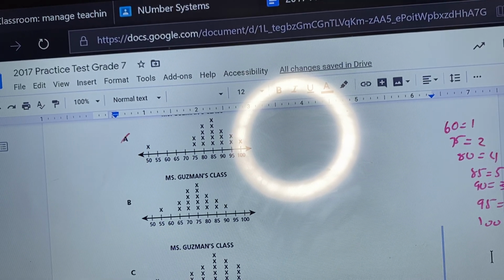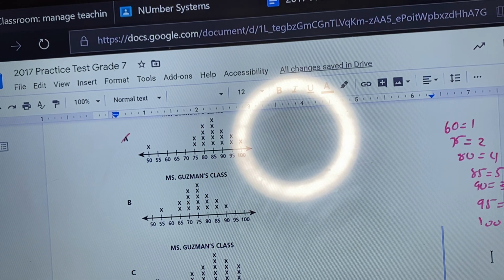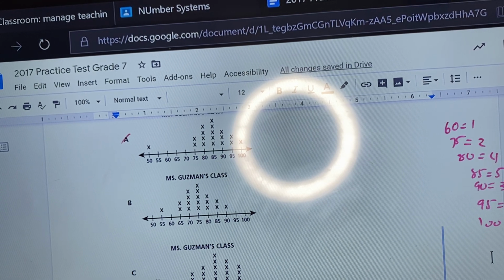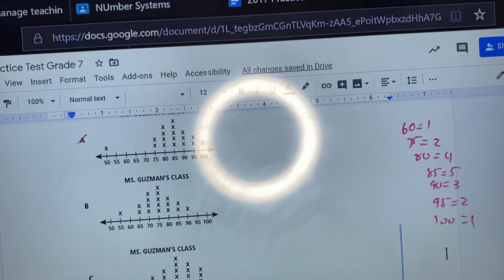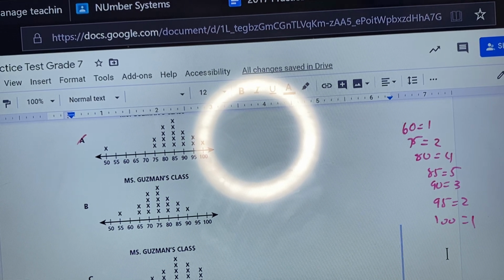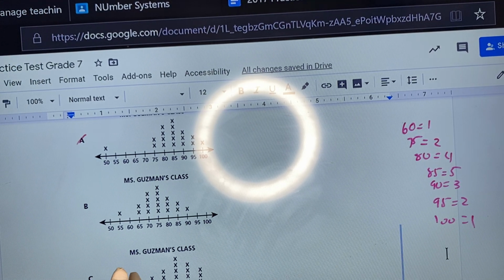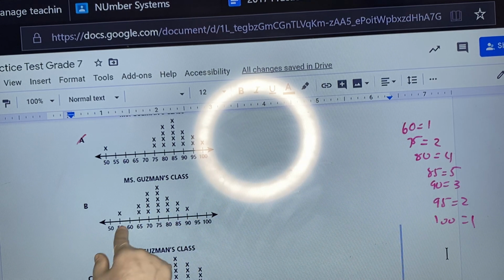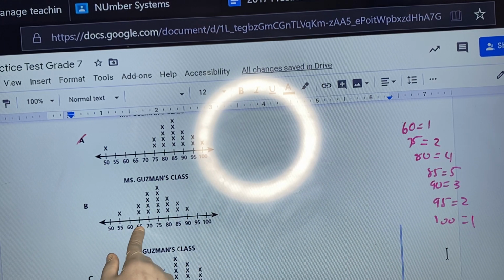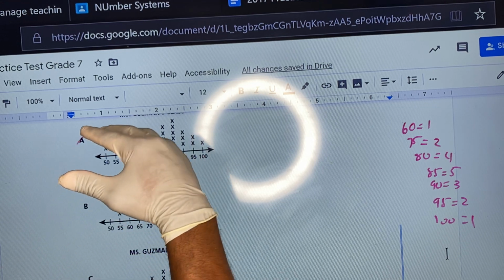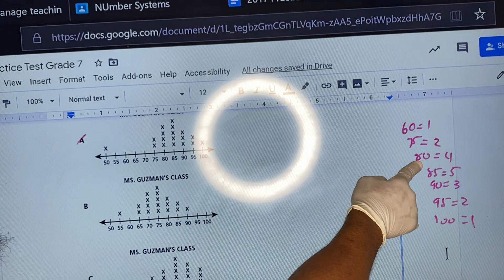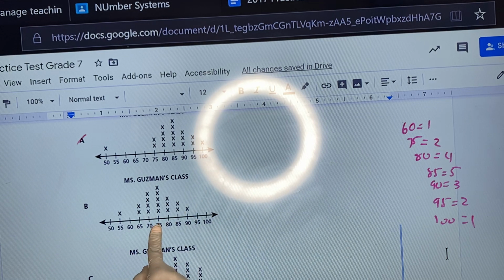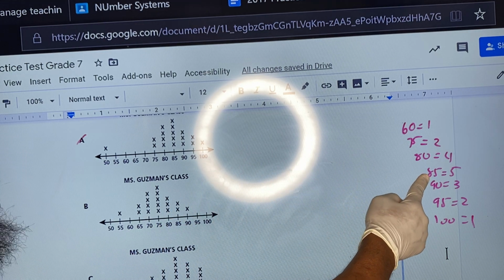Here, 1 student got a 55, 2 students got a 65, 4 students got a 70, 5 students got a 75, 3 students got 80, 2 students got 85, 1 student got 90. Because more students scored lower than Mr. Duffy's class, like this 55 and these two 65s, it is going to bring the average down lower than Mr. Duffy's class. 2 students got 65 as opposed to 2 students getting 75. 4 students got a 75 as opposed to 4 students having an 80. 5 students got a 75 as opposed to 5 students having an 85 in Mr. Duffy's class.